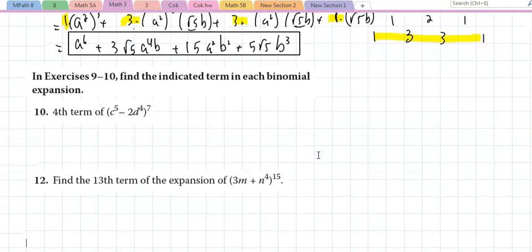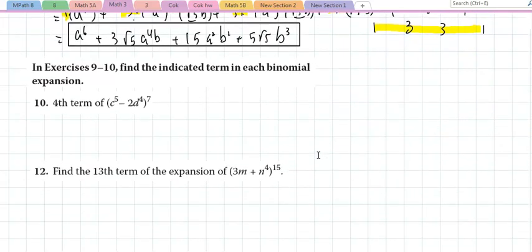Now the most important of those. This is the tricky part. Find the indicated term. And make sure you're doing what I'm doing, otherwise it's not going to work. If I want to find the indicated term, binomial is the way to go. So the way it works, the 4th term, isn't the first term c to the 5th raised to the 7th power?